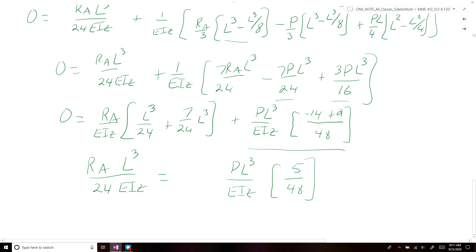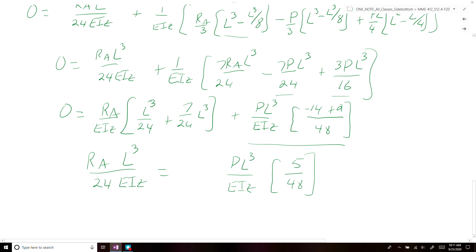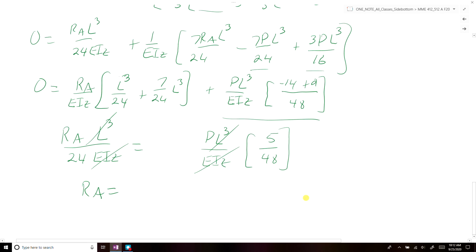So what we'll notice here is that the length cubes will cancel out, the EIs will cancel out, and we can multiply both sides by 24. And I think I made a mistake. So RA is going to be equal to, if you multiply both sides by 24, we'll end up getting 5 over 2 times P.